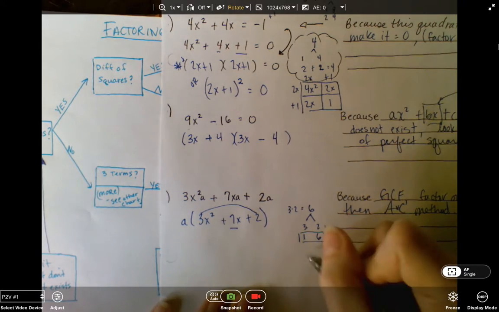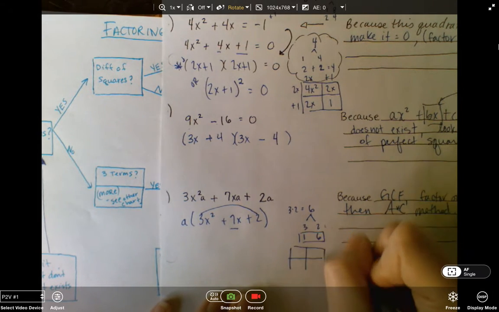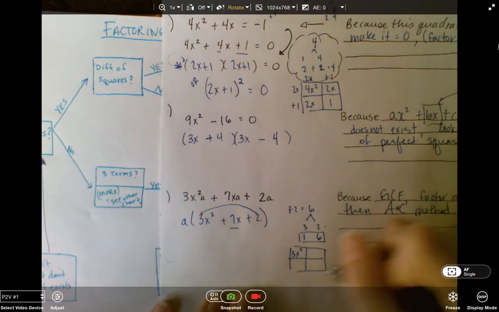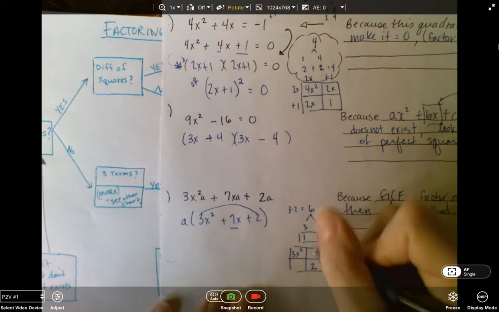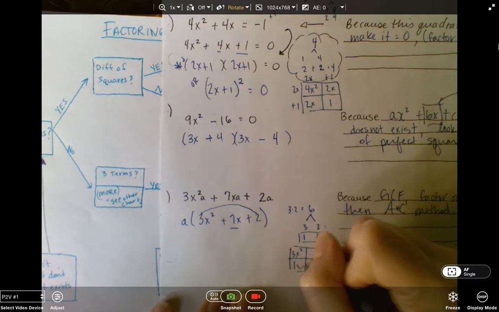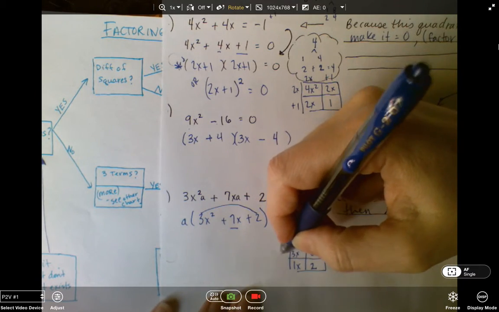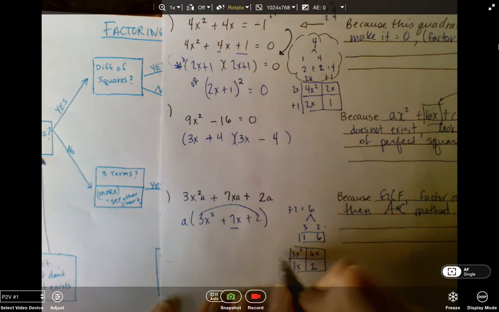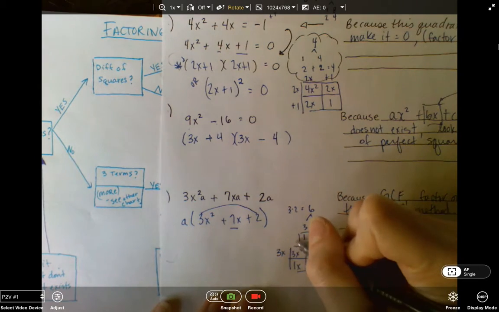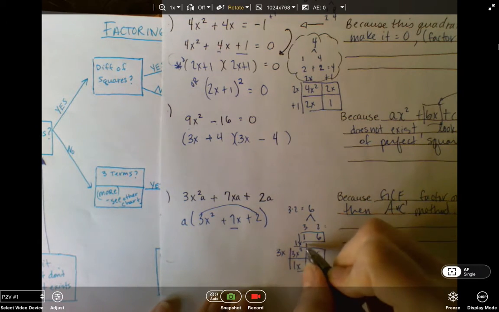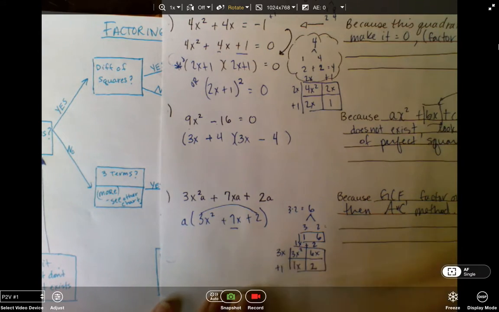I'm going to use my visual model. 3x squared, 2, and then 1x and 6x. And then I'm looking for my greatest common factor either here or here to start. So I'm going to come out this way. 3x, 1x, 2. That means this has to be a 1.